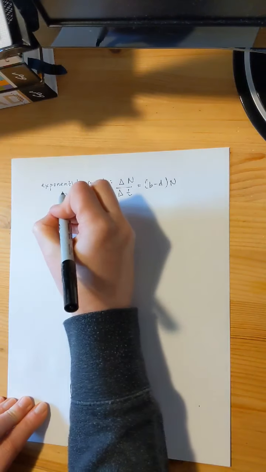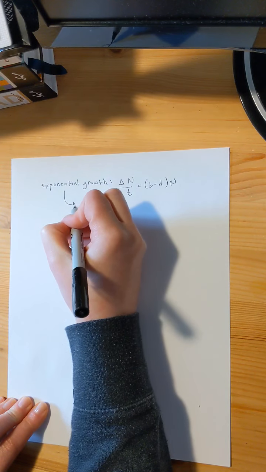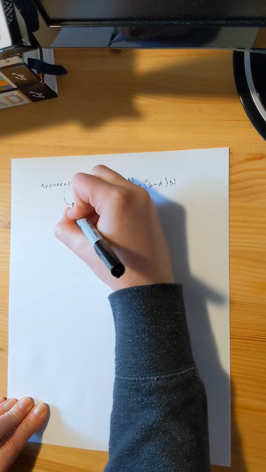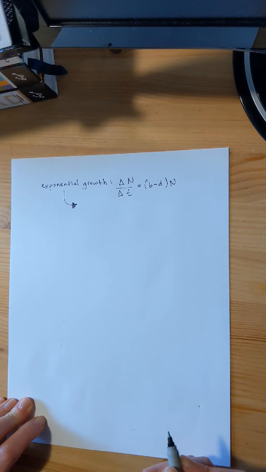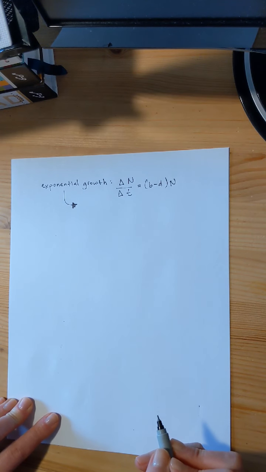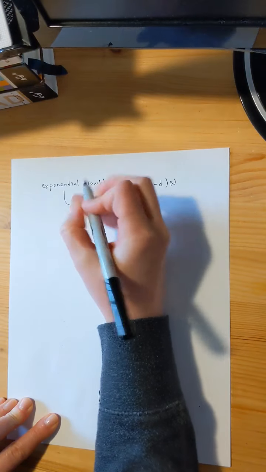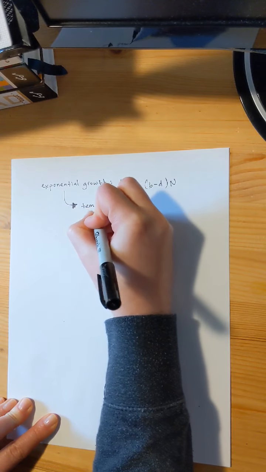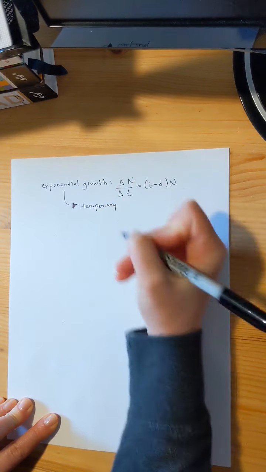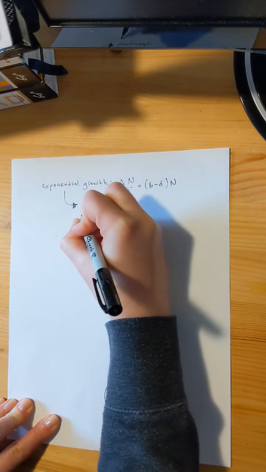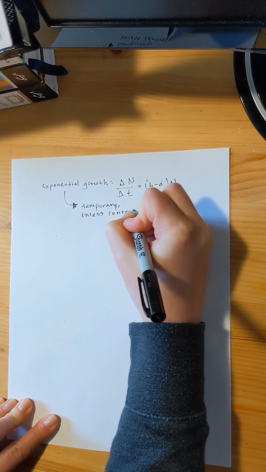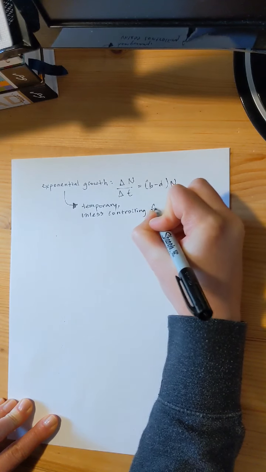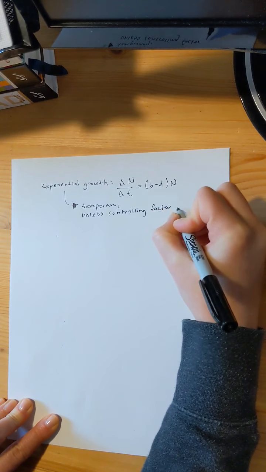What's cool about exponential growth is, it usually only happens until you hit some kind of controlling factors. So it's temporary unless controlling factors are removed.